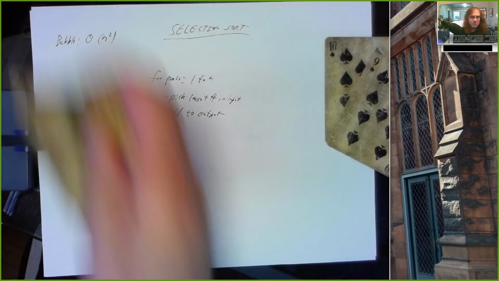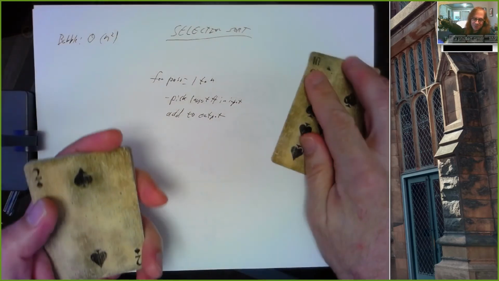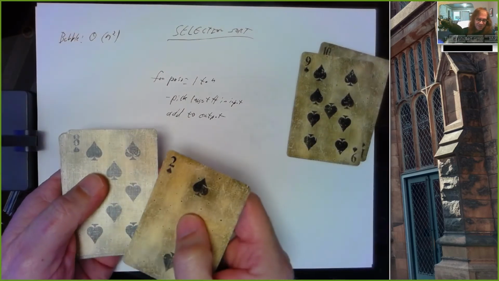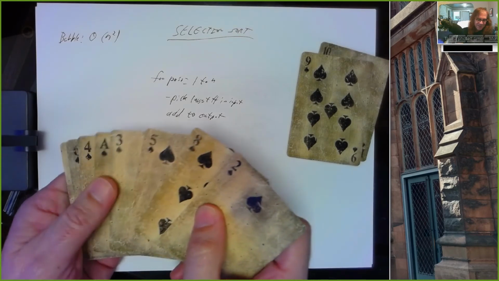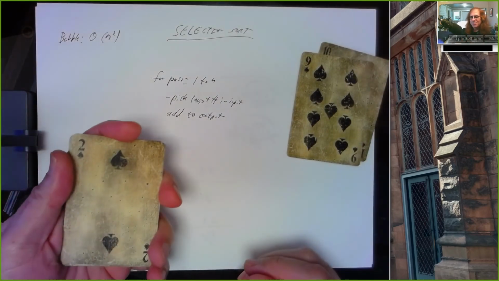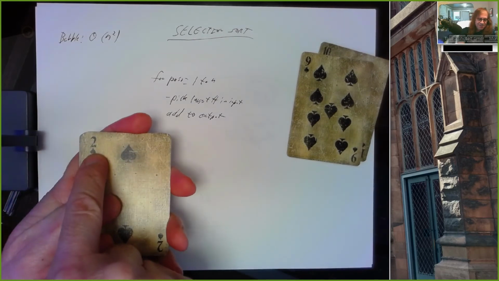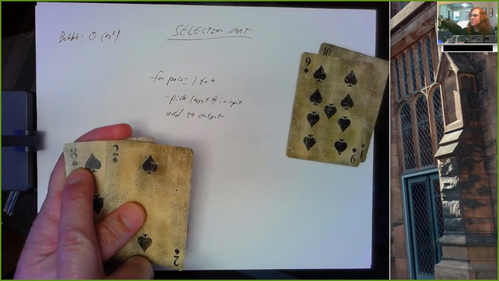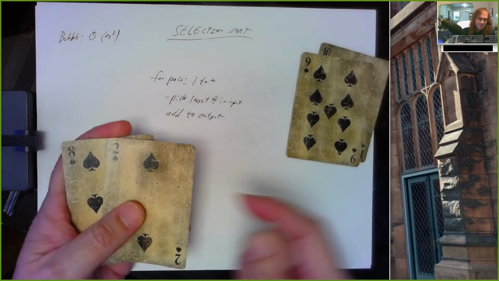Now you need to do some work to do this in a computer instead of with playing cards. So I want to find my largest number in here. Well, there's an 8, and that's going to end up being my largest. I need to have a variable that represents my largest number. I'll initialize it to 2, and for each piece of data, if it's bigger than what my largest is so far, I'll set my largest equal to that.